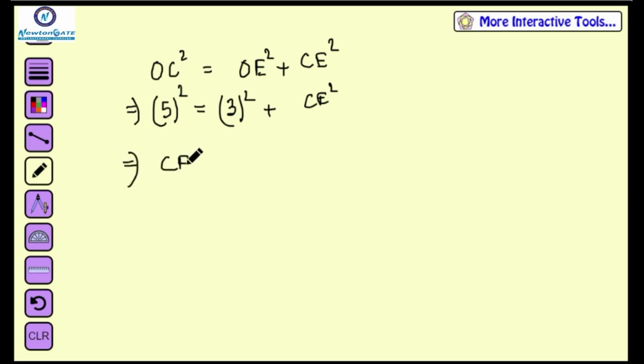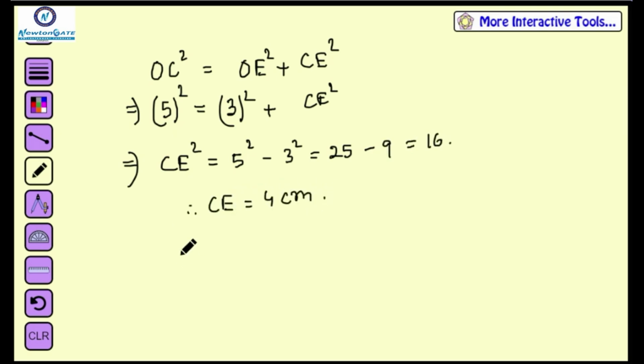Now CE square equals 5 square minus 3 square, that is 25 minus 9 equals 16. So CE equals 4 cm. Therefore the length of CD equals 2 into 4 centimeter, that is 8 centimeter.